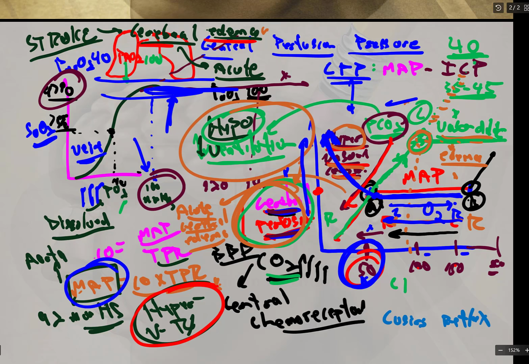And remember, CPP is equal to mean arterial pressure minus intracranial pressure. Imagine if you start increasing your intracranial pressure due to a tumor or a hematoma. When that intracranial pressure increases, you can then imagine that the cerebral perfusion pressure is going to drop. So you must begin with the space-occupying lesion. SOL stands for space-occupying lesion. That's going to increase intracranial pressure.